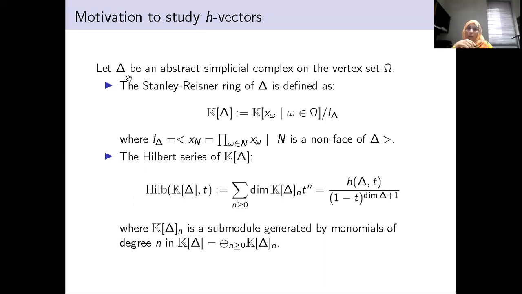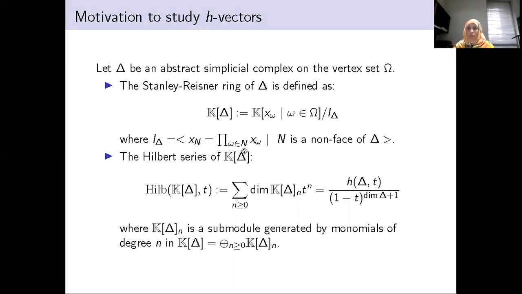If you have an abstract simplicial complex on some given vertex set omega, we associate a ring to this delta, called the Stanley-Reisner ring, which is just a quotient ring, where the number of variables depends on this vertex set, and the ideal is defined in this way. You just consider the monomials that correspond to non-faces of delta.